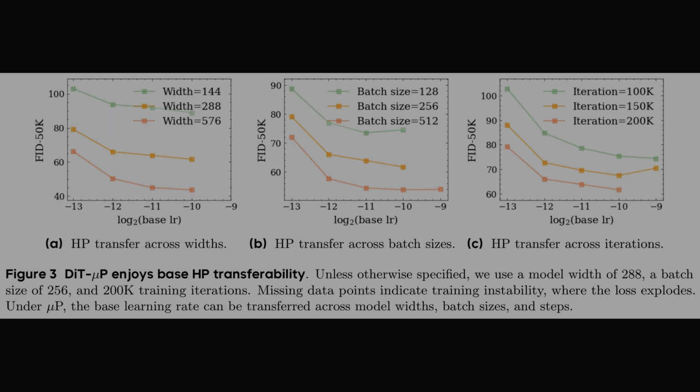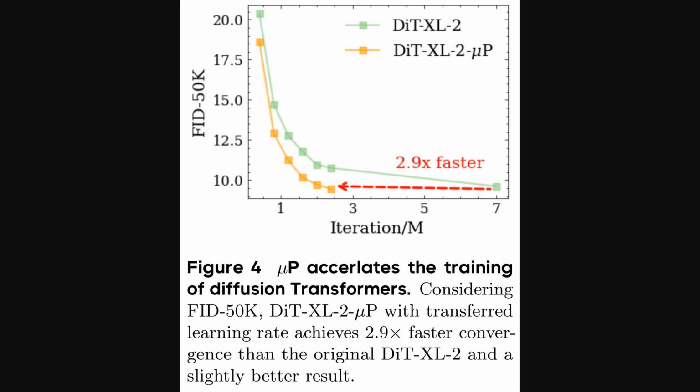So, building on that established hyperparameter transferability from Figure 3, Figure 4 here shows the direct impact on training a large model, specifically the DiT-XL/2. We're again looking at FID50K scores on the y-axis, but this time, the x-axis shows training iterations in millions.